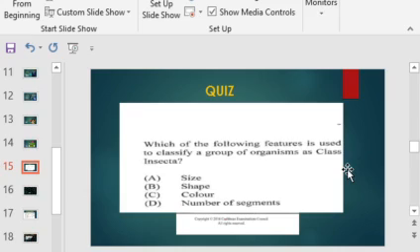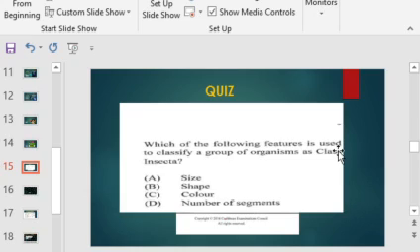Now we can use a process of elimination if we don't really know the answer, if we never studied before, we never went through the topic. So one would think size, but size is not really used to categorize them, nor is shape really, although a lot of organisms in the insect class have a lot of different shapes.